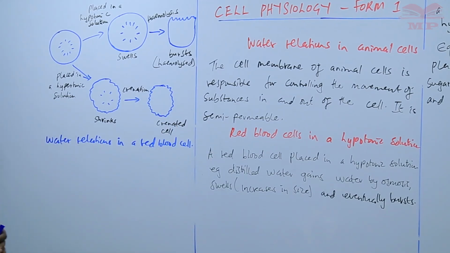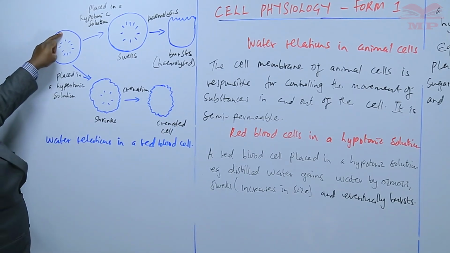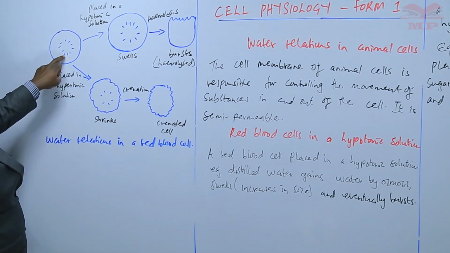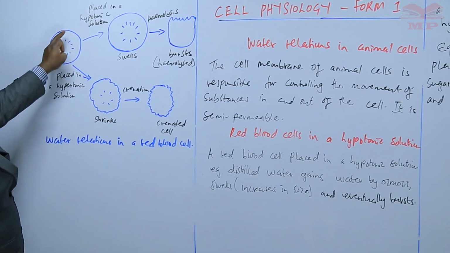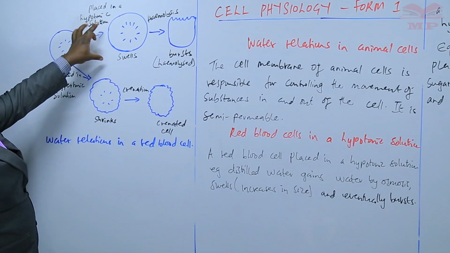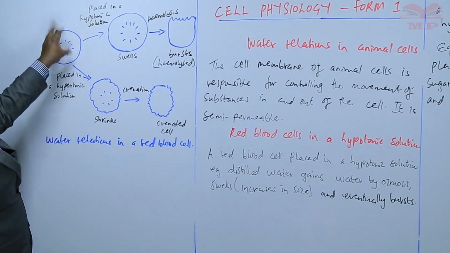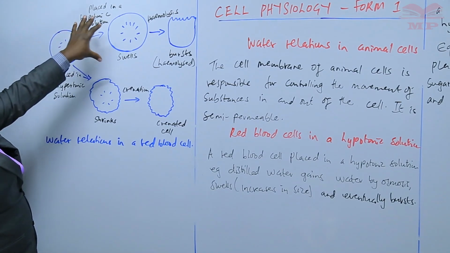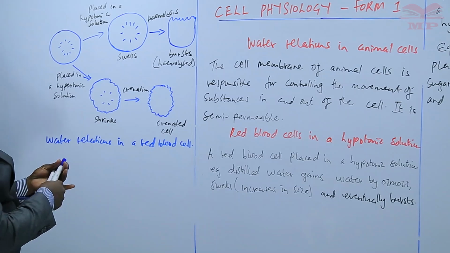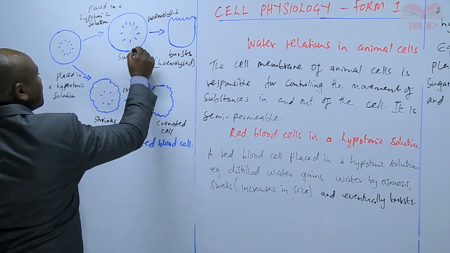So we can see from the first diagram, the red blood cell has a biconcave disc shape. When placed in a hypotonic solution, it gains water by osmosis and swells. That means increases in size.